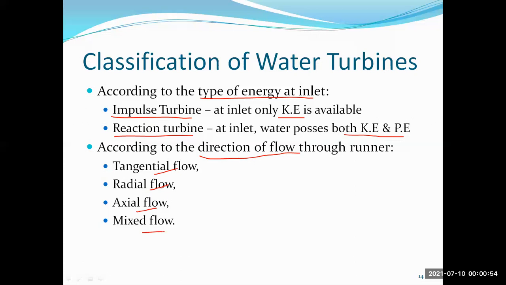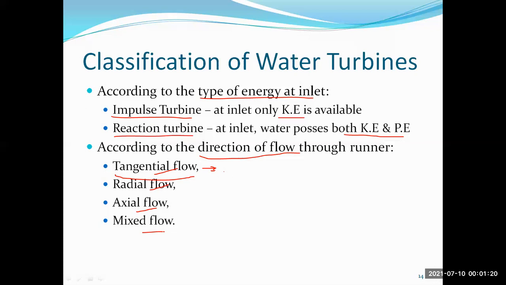Tangential flow means the water enters the turbine in a direction tangent to the runner, and that type of turbine is called a tangential flow turbine.